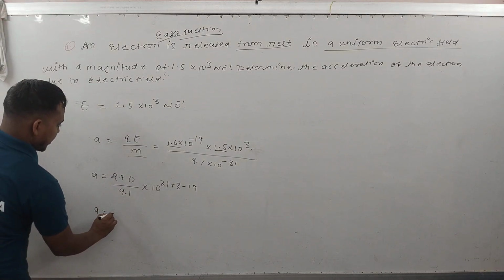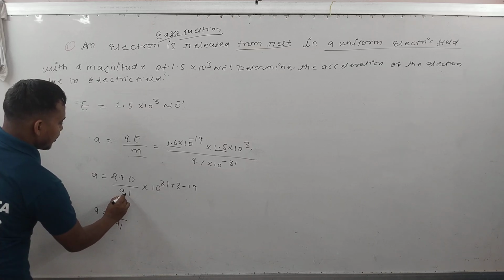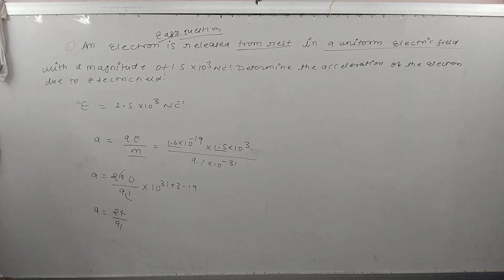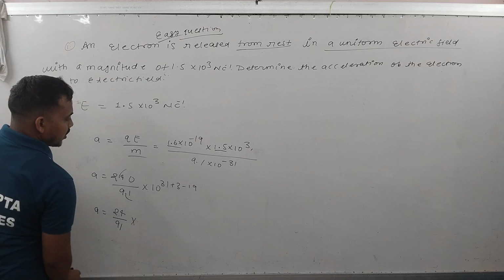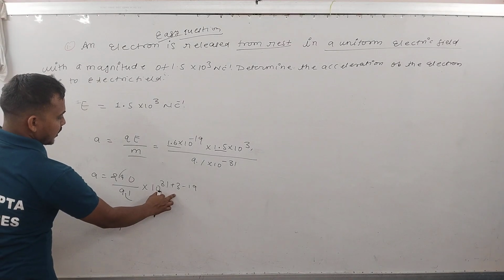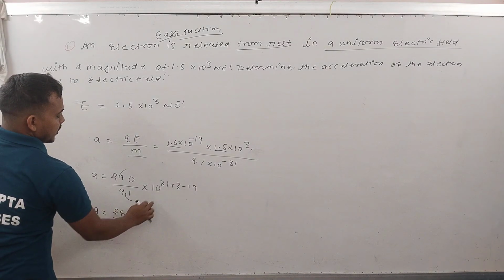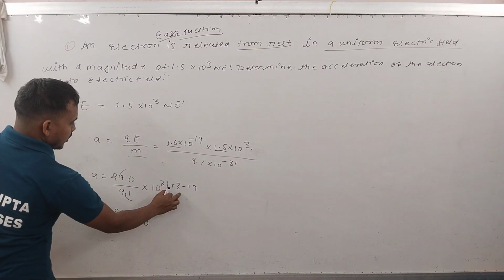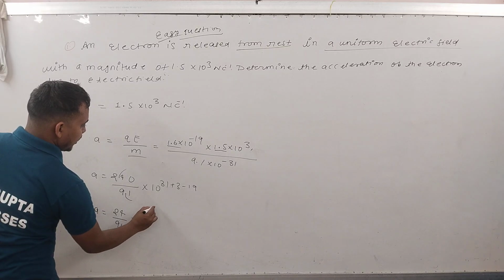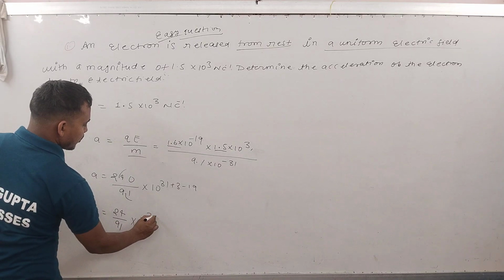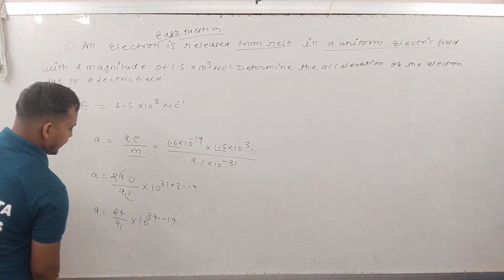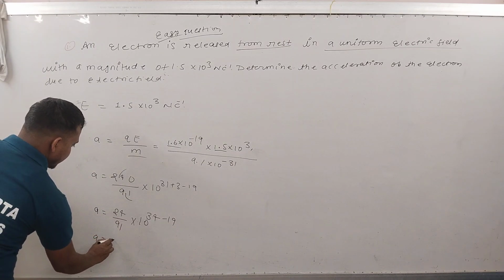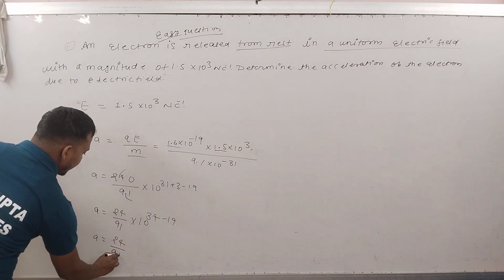Now a is equal to 24 by 91, which cancels out, and 10 to the power 3 means 34 minus 19.